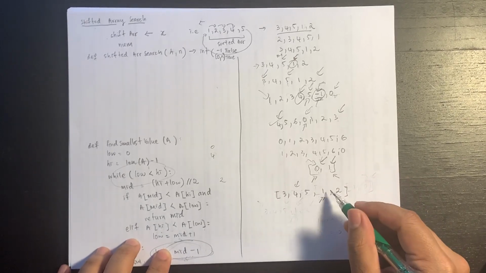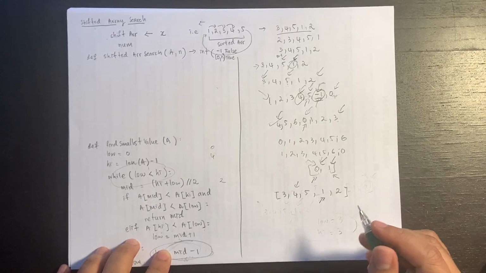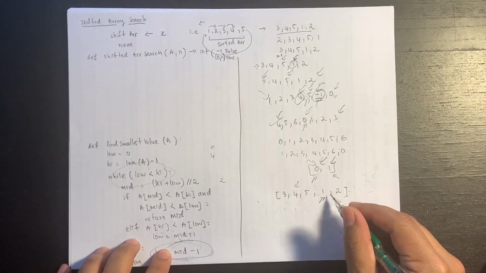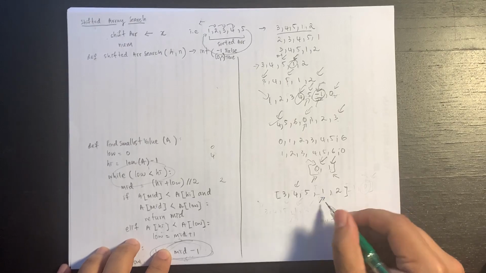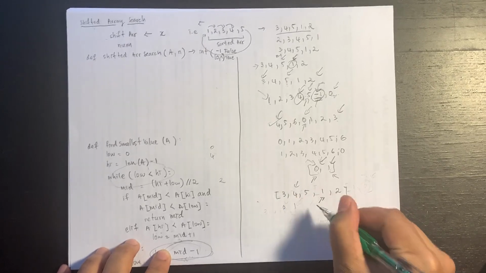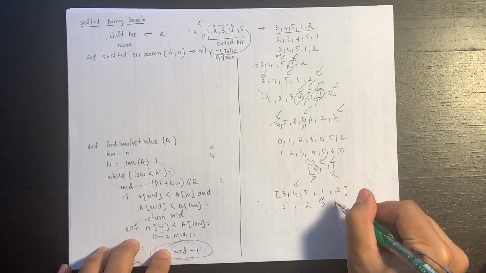So the idea is we want to remap this whole thing. So we know that actually it's 0, 1, 2, 3, 4.